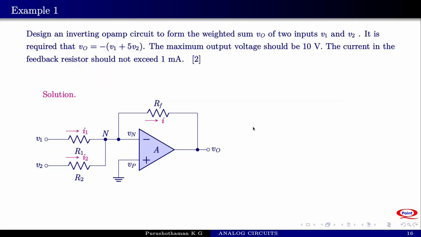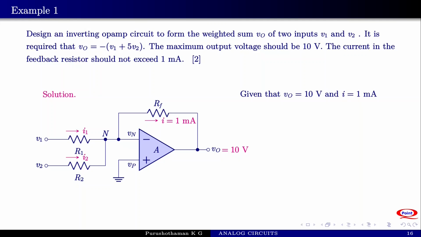It is given that the maximum output is 10 volt, and when the output is 10 volt, the current through the feedback resistor should not exceed 1 mA. So given that VO equals 10 volt and I is equal to 1 milliampere.